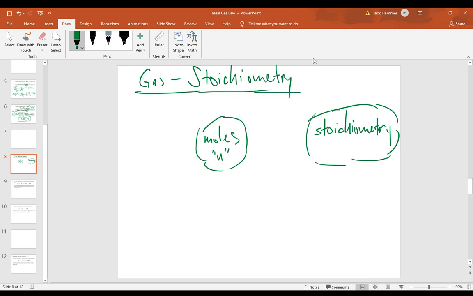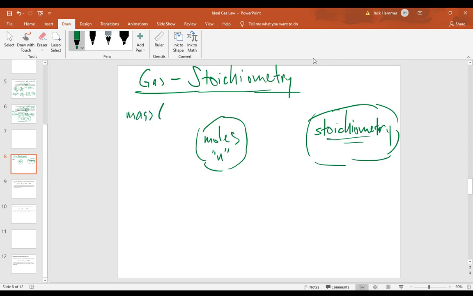Obviously we're going to need stoichiometry, and we're also going to need to be figuring out how many moles. With any stoichiometry problem, the mole ratio is really the heart of it. So don't forget a whole bunch of stuff.